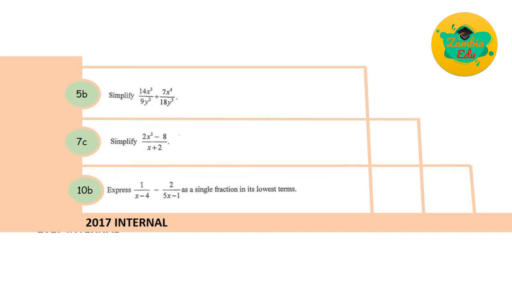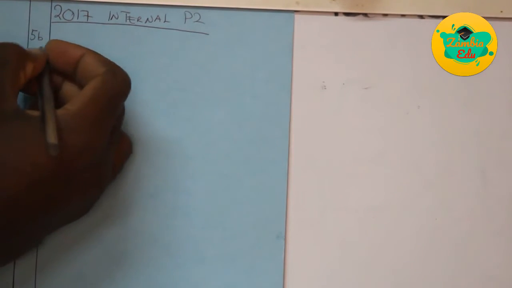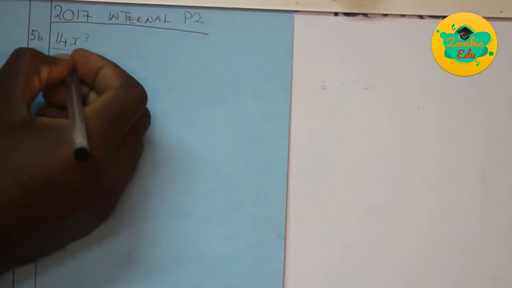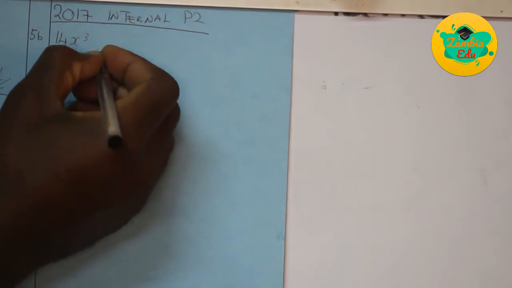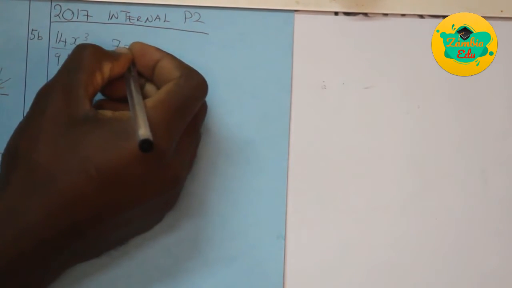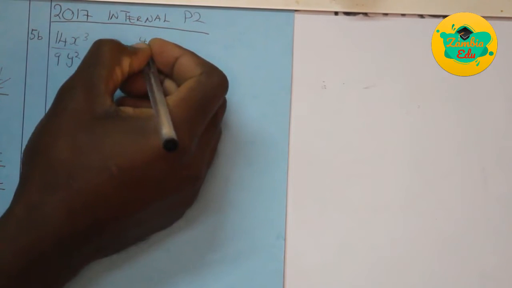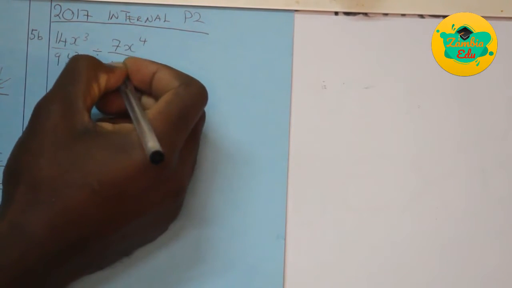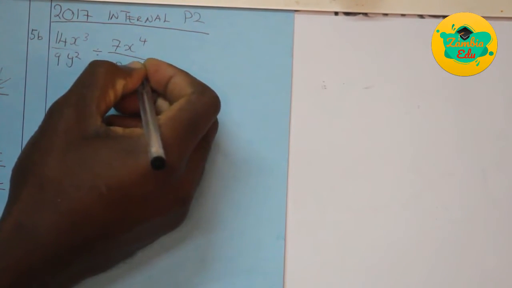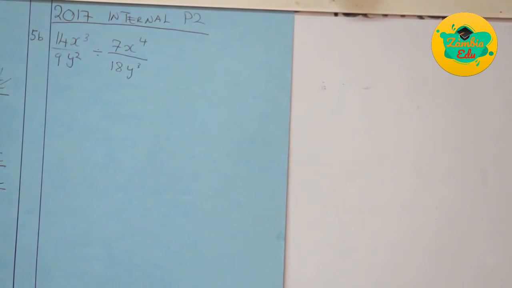So straight away we are going to calculate that. It came as question 5b, 14x cubed over 9y squared divided by 7x to the power 4 over 18y cubed. Alright, so from there now we start solving.